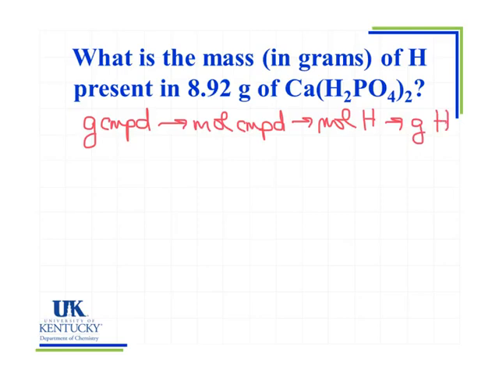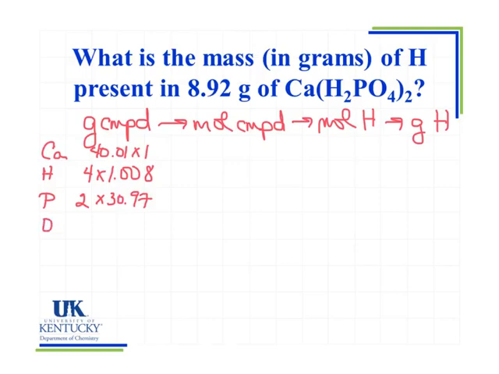So this is the plan we're going to take. The first thing we're going to have to do, in order to get from grams to moles, is we're going to have to know the molar mass. So we look at calcium, which has a molar mass of 40.01, and there's one of those in the compound. We have hydrogen, and there are four of those, each with a mass of 1.008. For our phosphorus, there are two phosphorus, each with a mass of 30.97.